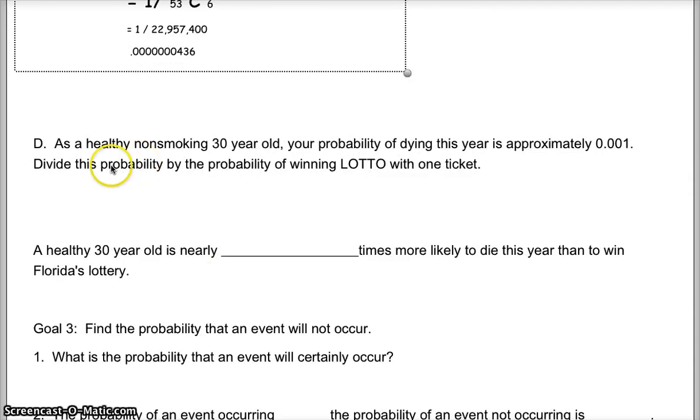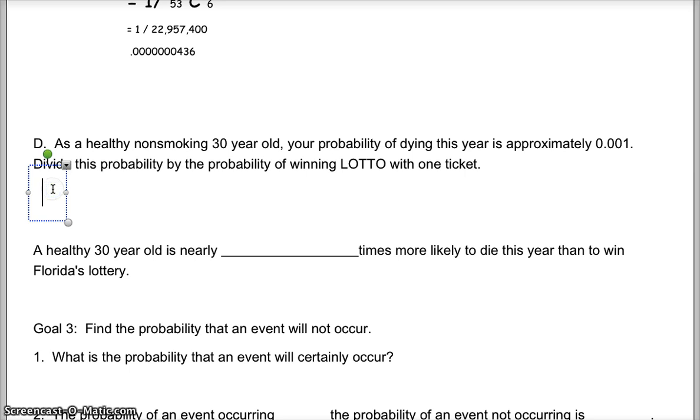In example D, as a healthy, non-smoking 30-year-old, your probability of dying this year is approximately 0.001. Kind of morbid, I know. Divide this probability by the probability of winning the lotto game with 1 ticket. Okay, so we're going to take that probability of 0.001 and I'm going to divide that by the probability of winning the lotto.